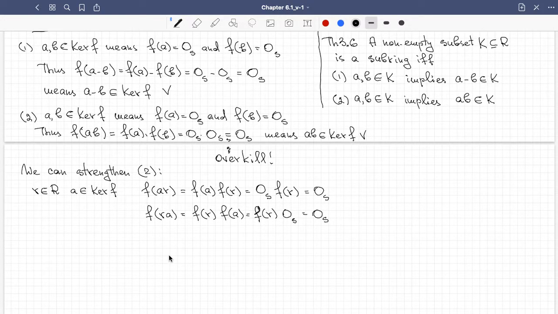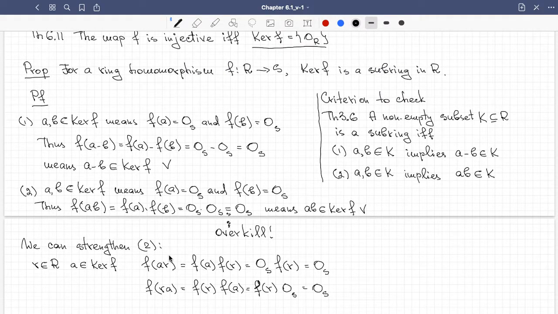So we have that the kernel of any homomorphism is a subring which has an additional property.